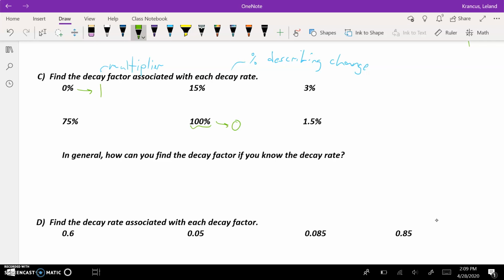Now for the others, like this 15% decay rate, if something goes down by 15%, you're trying to think, what would you multiply that number by to reflect how much is remaining? So when you're multiplying your number, you're multiplying it by something so that you have the correct amount remaining. So if something goes down by 15%, 85% would be remaining. 85% remains, that gives you your decay factor.